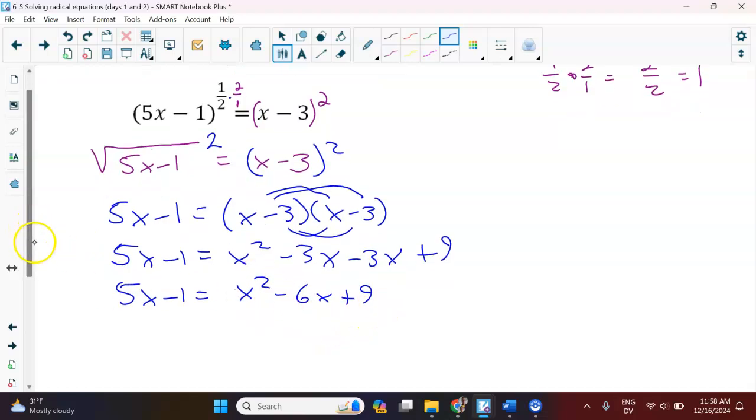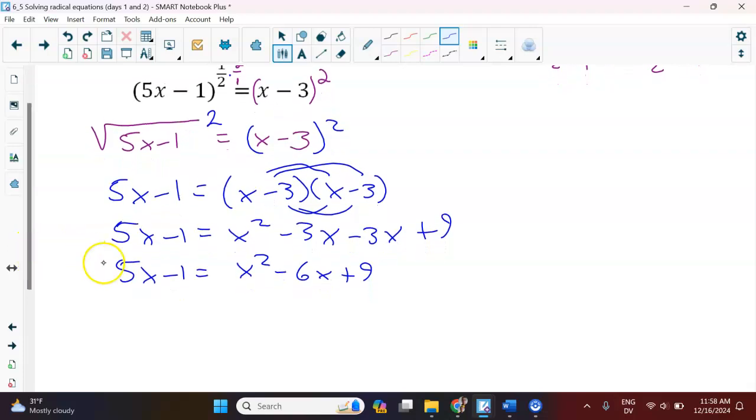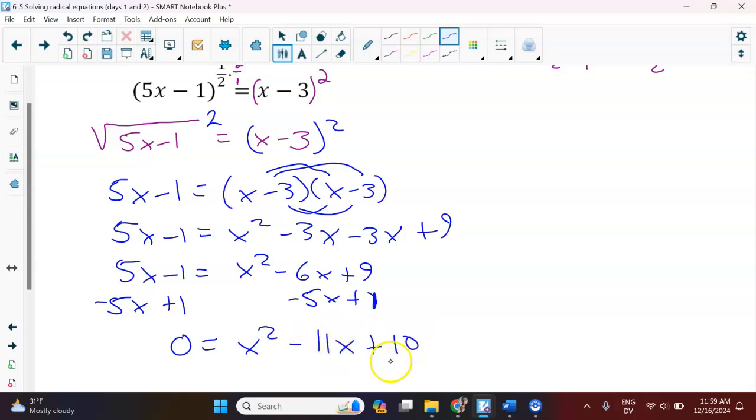Okay, and then to finish solving it from here, we just got to get 0 on the one side. So we're going to minus 5x and add 1 to both sides. So we get 0, and then we have x squared minus 11x plus 10.